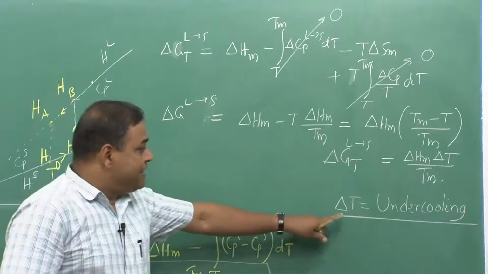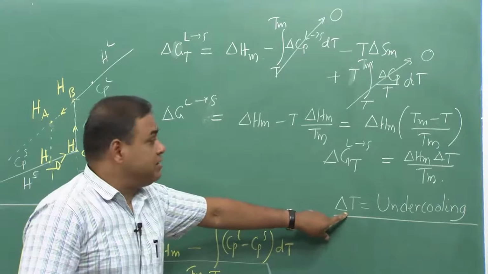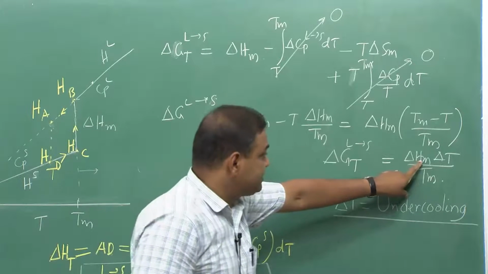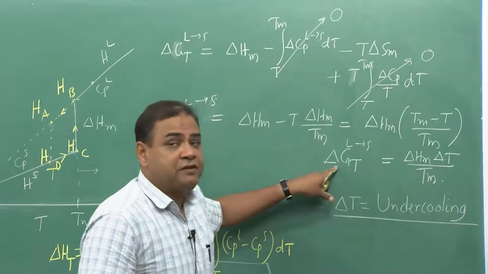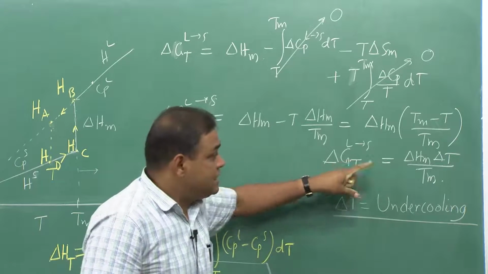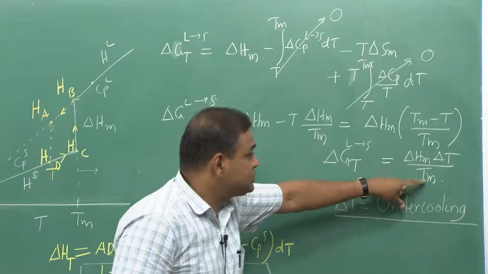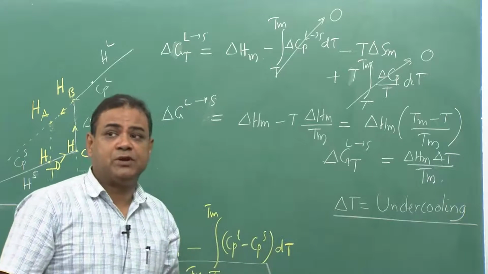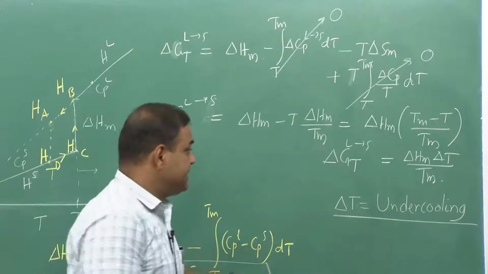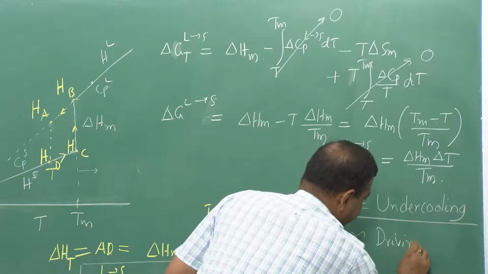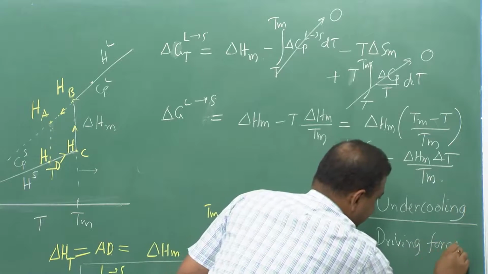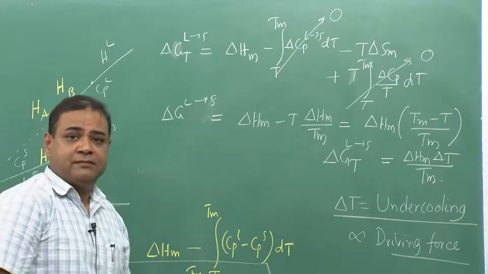See, this undercooling term, we see that undercooling is directly proportional to the driving force, because these two terms are constant for a particular metal. So that means this is proportional to driving force. What does it mean?